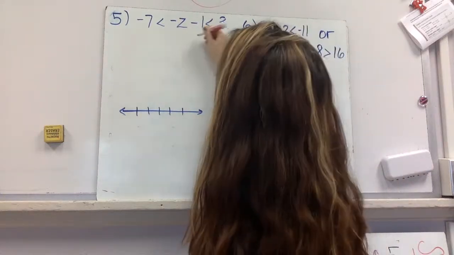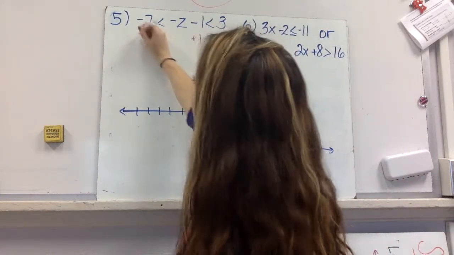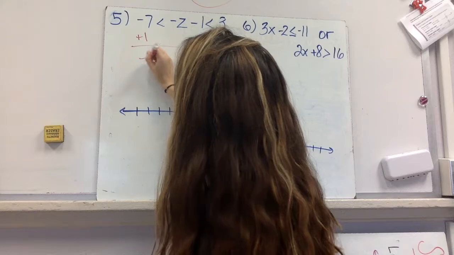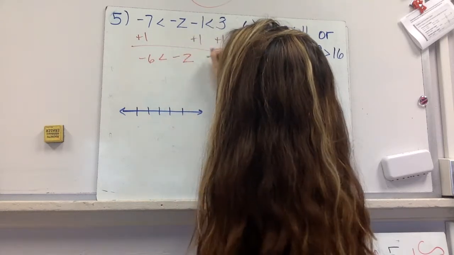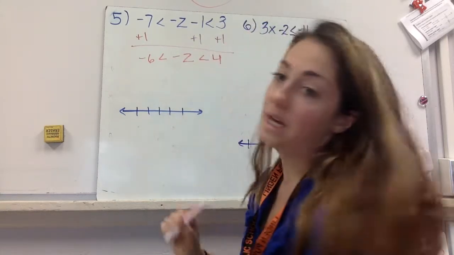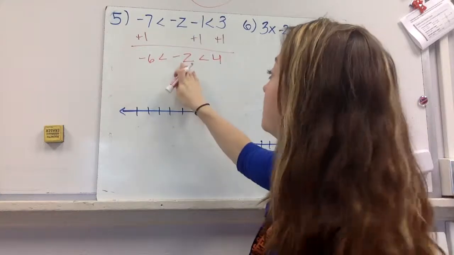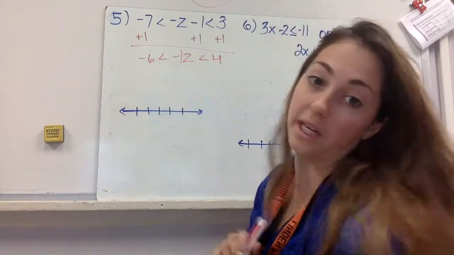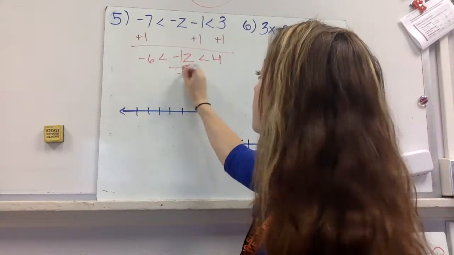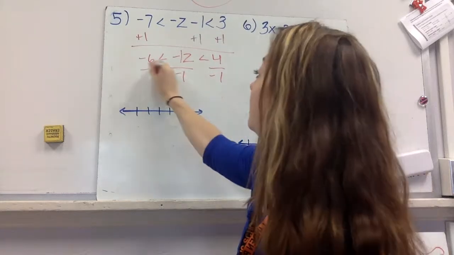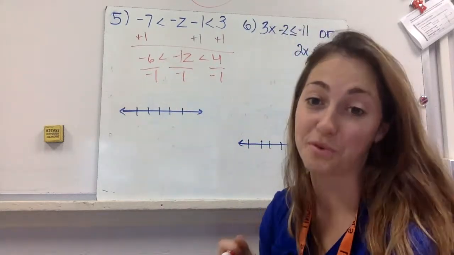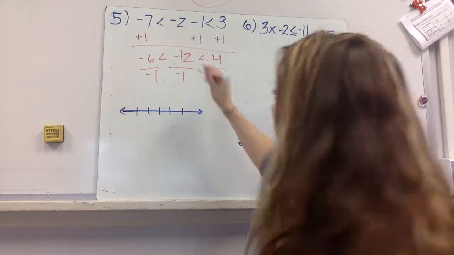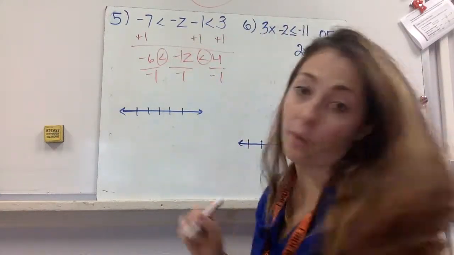So for here, I'm adding 1 to all 3 areas, and I get -6 is less than -z is less than 4. Tricky here. I've got to get rid of this -z, which is really a -1z. So I divide by -1. There's a rule. We need to remember that rule. When you divide by a negative, your inequalities flip.